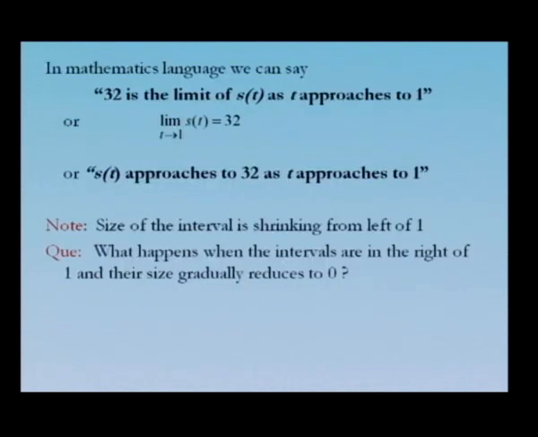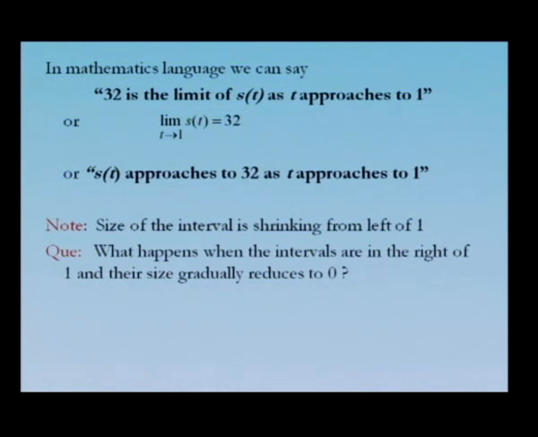In mathematics language, we can say that 32 is the limit of s(t) as t approaches 1, or in symbolic way we write limit t tends to 1 s(t) equals 32, or another way is s(t) approaches 32 as t approaches 1.